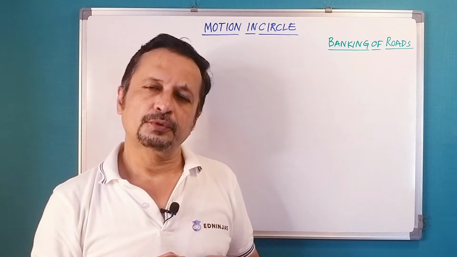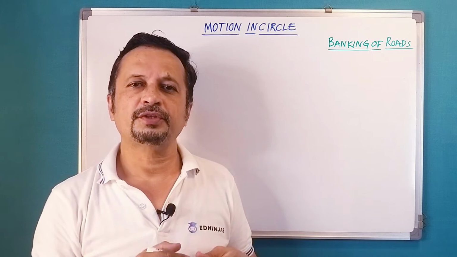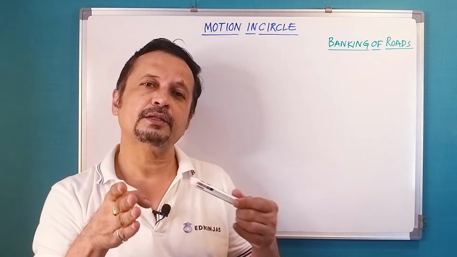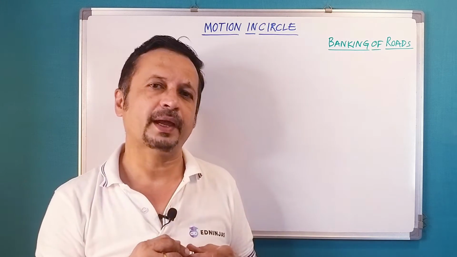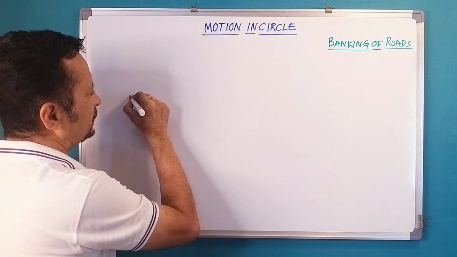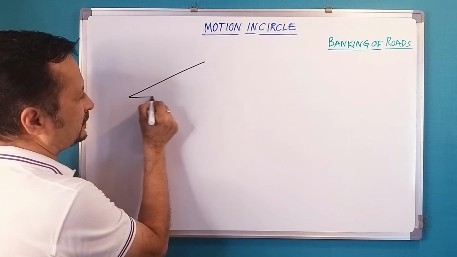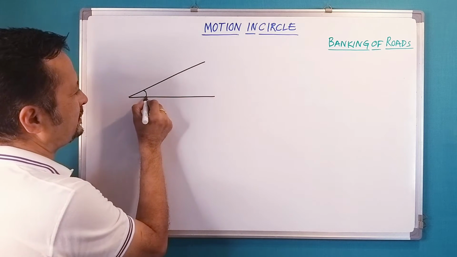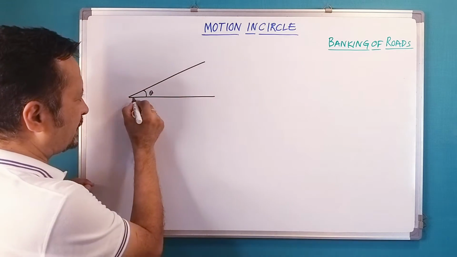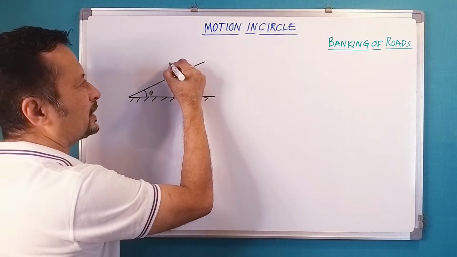So banking of road is basically raising the outer edge of the road over the inner edge through some angle, and the angle through which we do this is called the banking angle. So if I have a banked road like this, and this is my horizontal, this angle is theta, which they call the angle of banking. My car is over here.